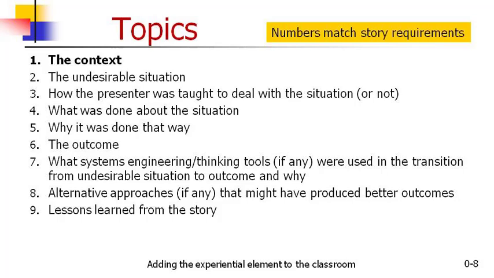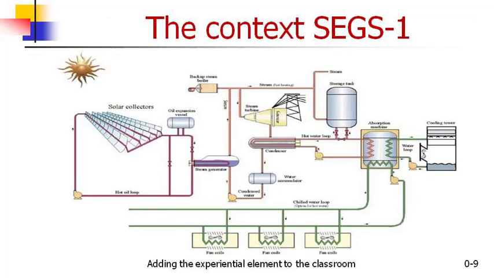The context. The context was Solar Electrical Generating System-1, SEGS 1, in the Mojave Desert in California, and we did the research in Jerusalem, Israel. We have the solar collectors here. There are mirrors. The oil is going through here. It's heating up. It's heated by the sun. It goes down here. It goes into a steam generator.